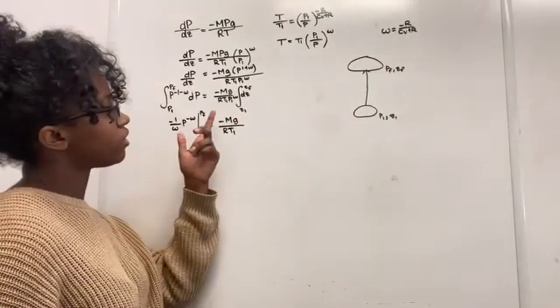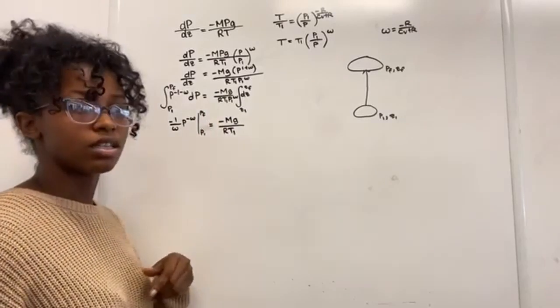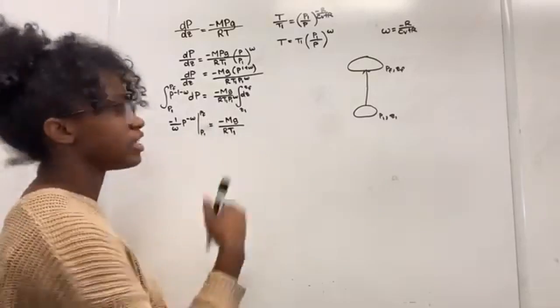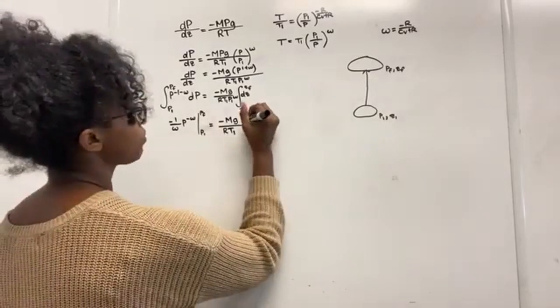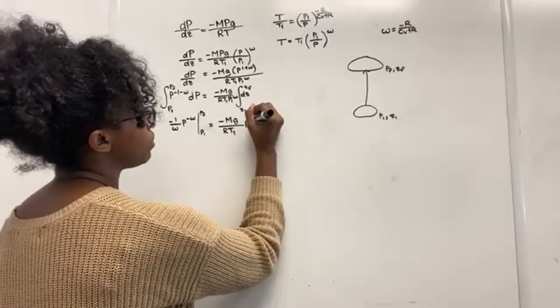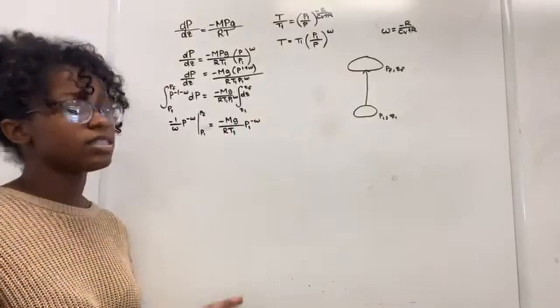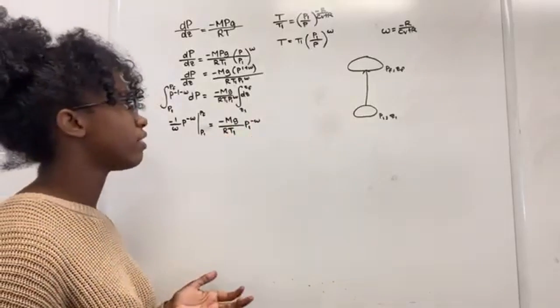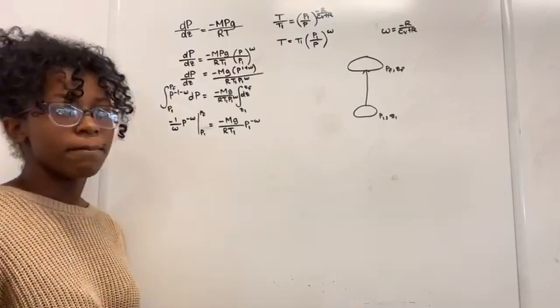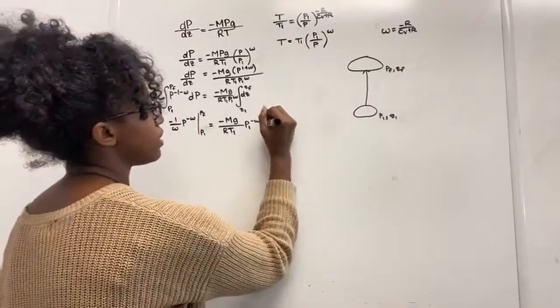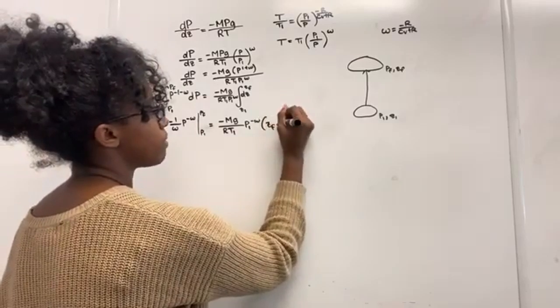And since we have the P1 to the omega in the denominator, I'll take it out of the denominator by raising it to a negative omega. So we have P1 to the negative omega, and we're integrating dz from Z1 to ZF, but it's just dz, so we can just multiply this by ZF minus Z1.